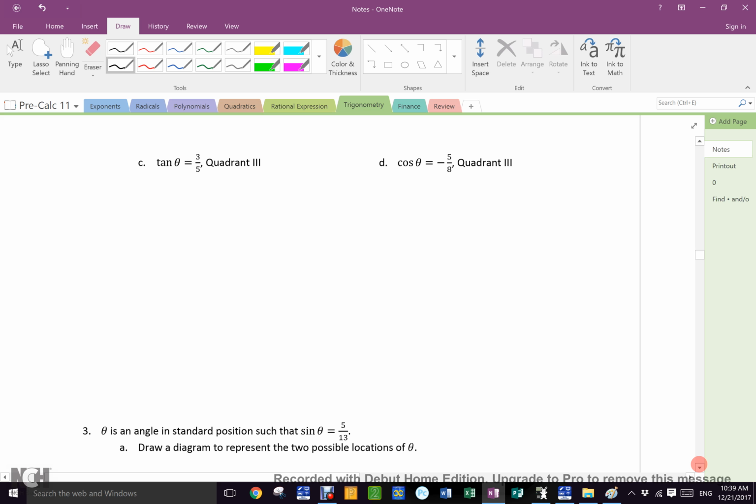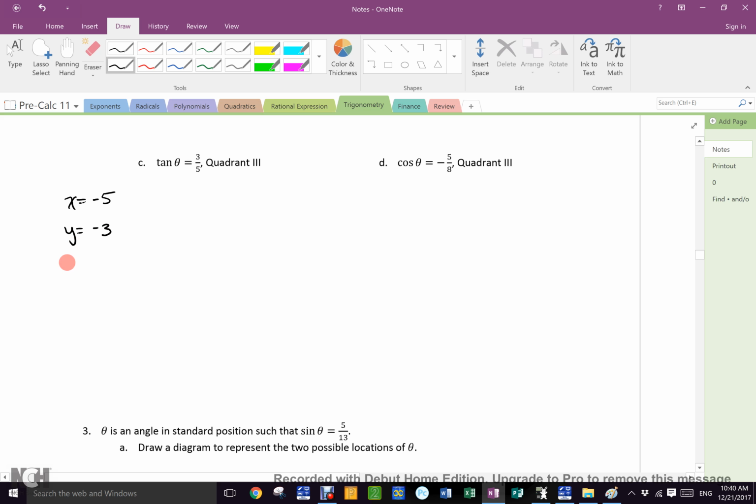Tan in quadrant 3. Since it is quadrant 3 and tan is positive, x must equal -5 and y must equal -3.